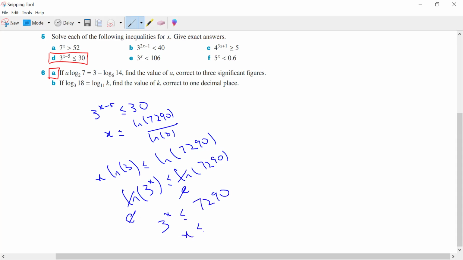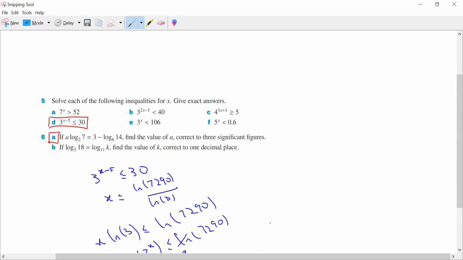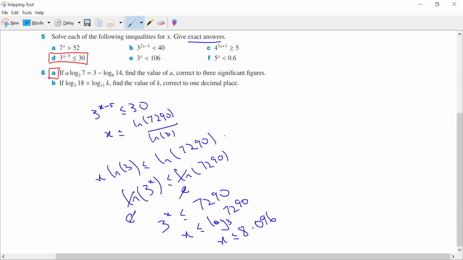So x is essentially less than or equal to log base 3 of 7290, which in terms of decimals is 8.096. But in this case, you want an exact answer, so you don't need to get that in decimal. So that is your answer. Also, this should be acceptable in terms of natural log.